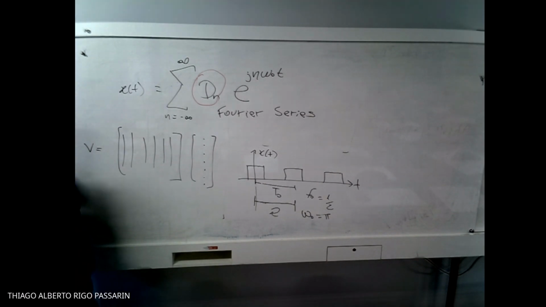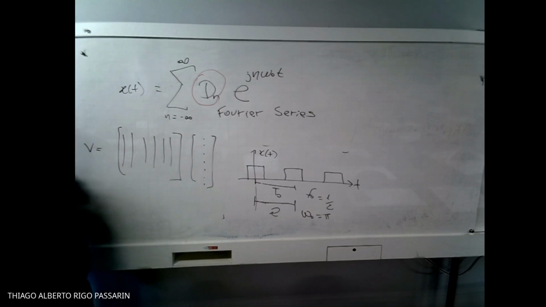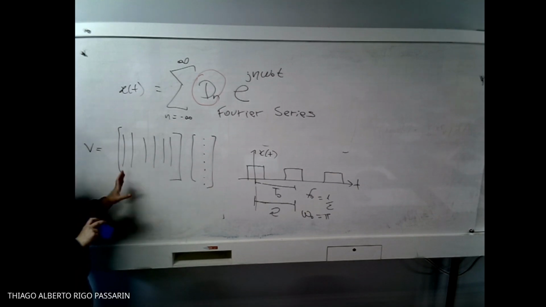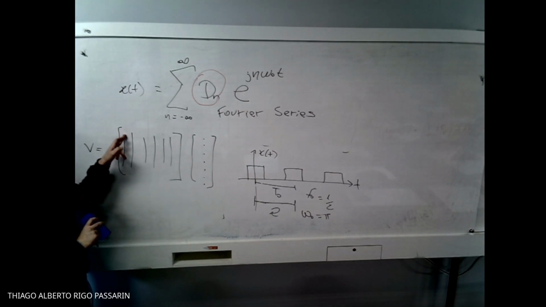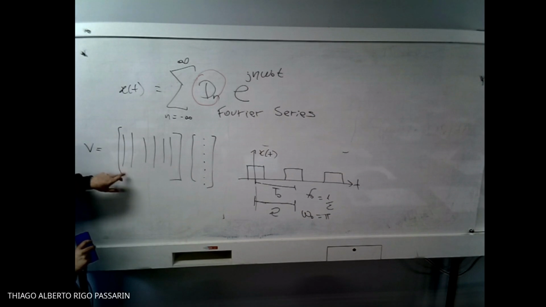How can you find what coefficient this is, for instance, the first one? You do the inner product between this and the first vector. If this is orthonormal, fine; if it's just orthogonal and not normal, then you have to divide by the norm of this.